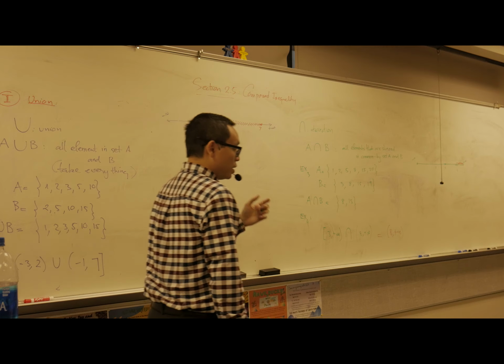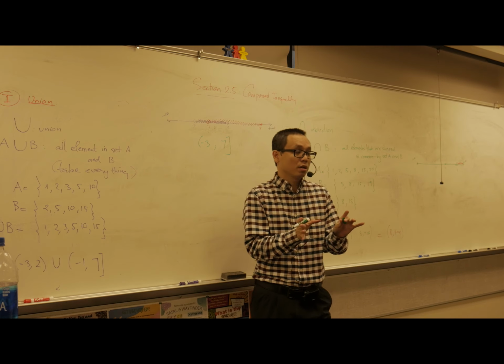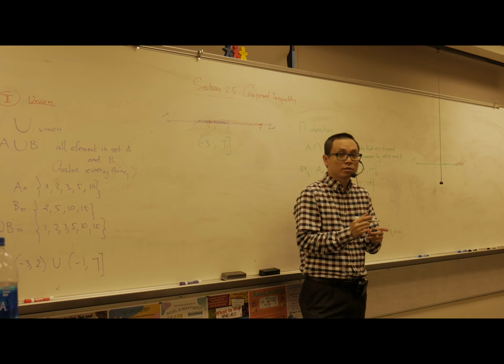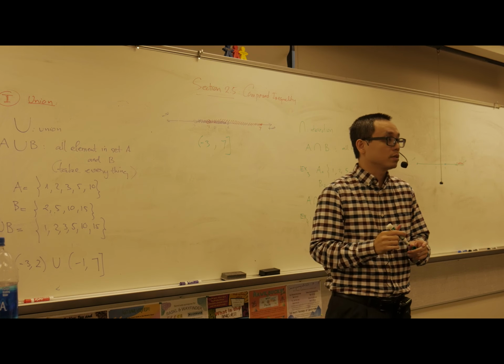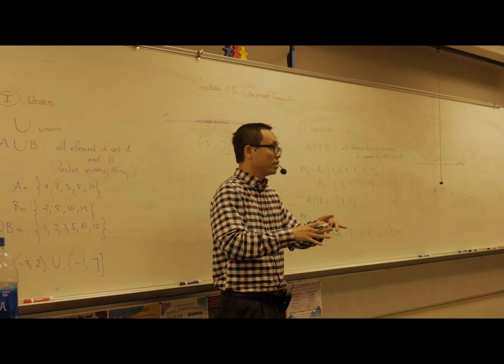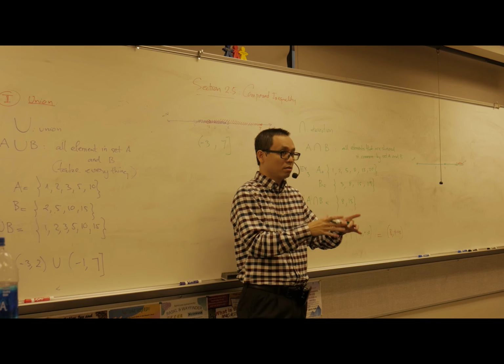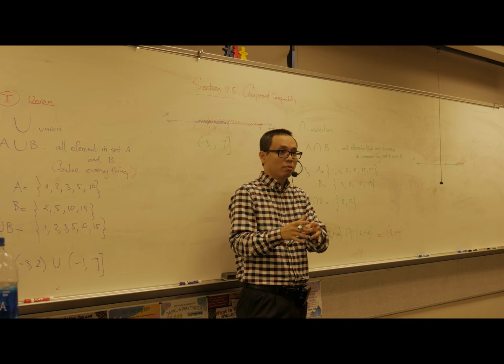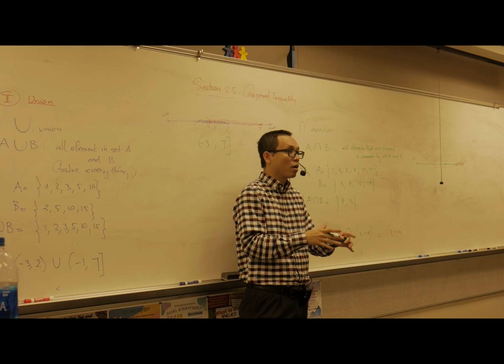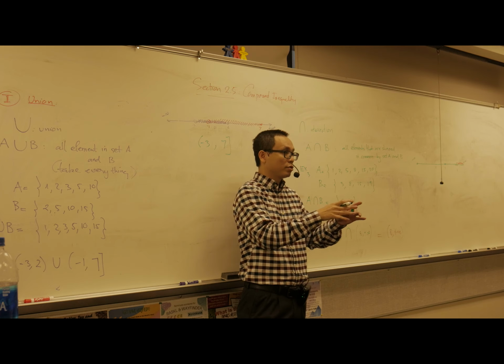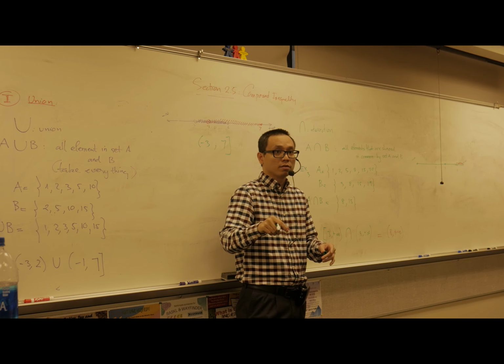This concept is very important because of compound inequality, which is the next part we're going to talk about. Compound inequality means the combination of more than one inequality. When you solve an inequality, you put it in interval notation, right?